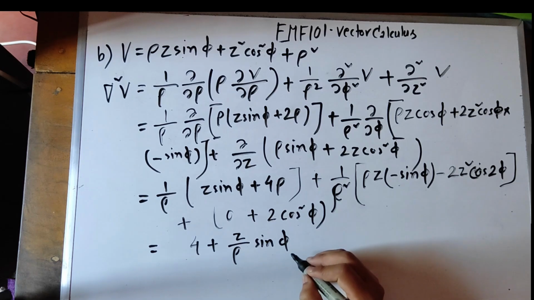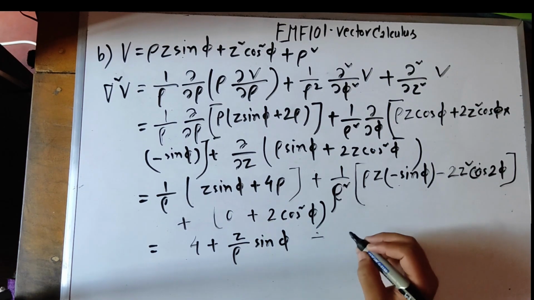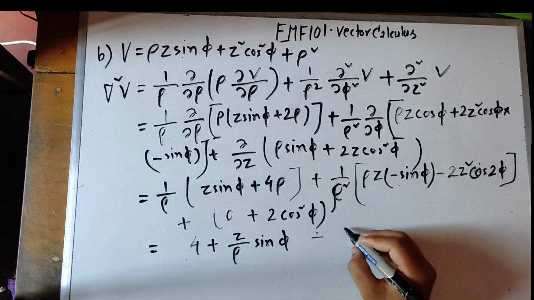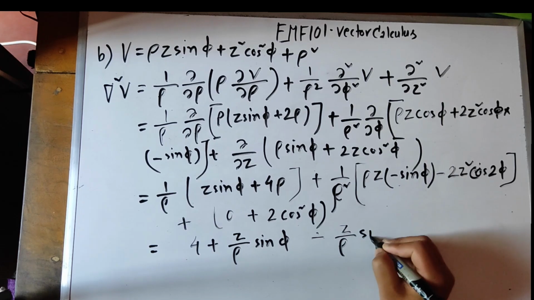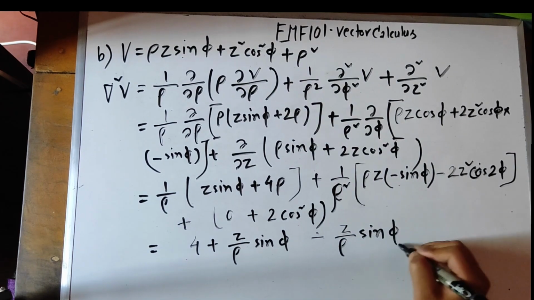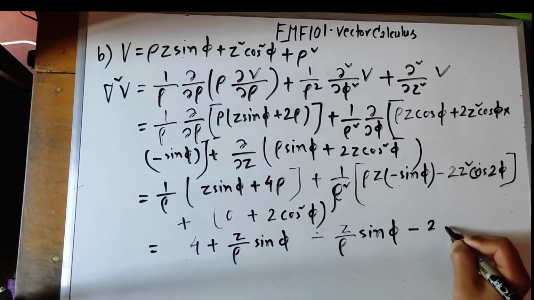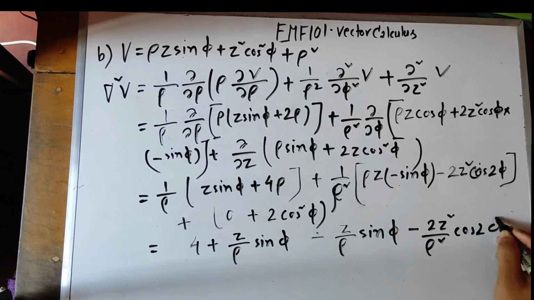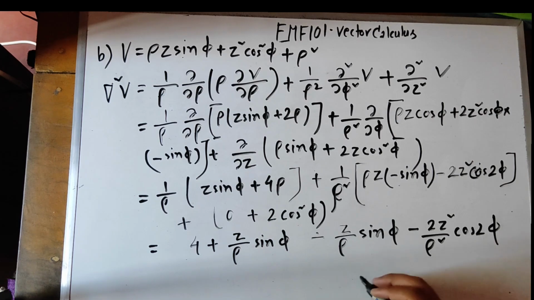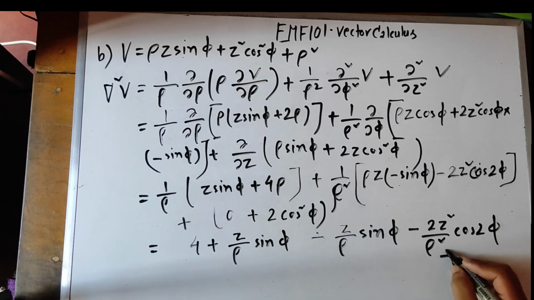So now the final answer is 4 plus z by rho sine phi minus z by rho sine phi minus 2z square by rho square cos 2 phi plus 2 cos square phi.